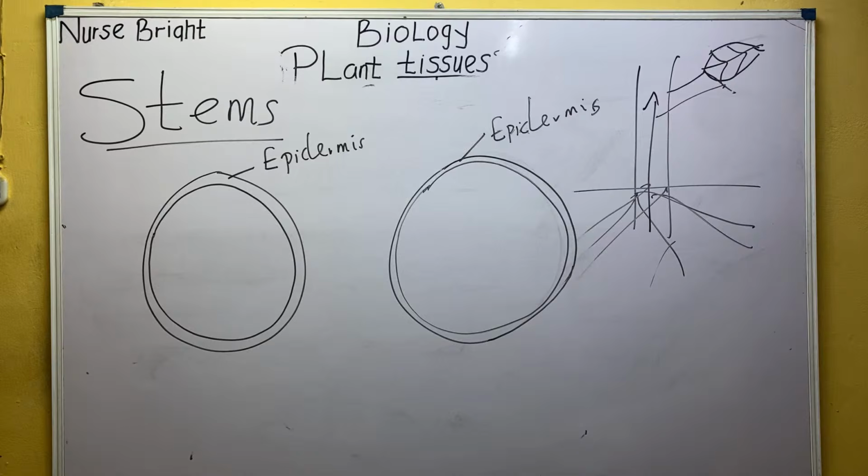After that we have the vascular bundles, which are the xylem and the phloem tissues. Note what I just said. I'm coming, let me tell you guys something essential here.